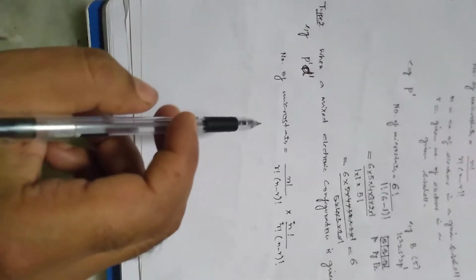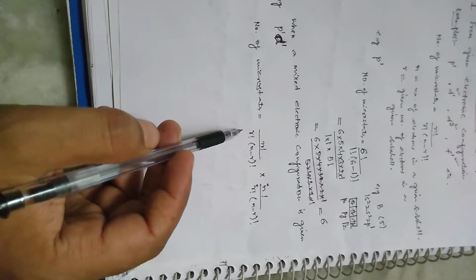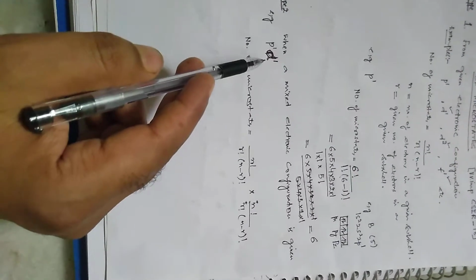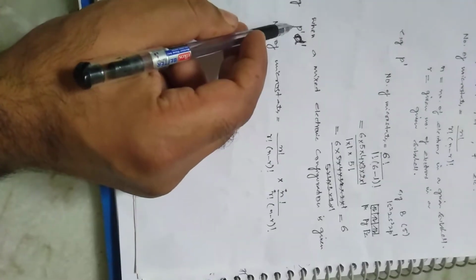Now if we are given a mixed electronic configuration like p1d1, we have the formula: number of microstates is n factorial divided by r factorial into n minus r factorial. This is n dash for another electronic configuration, you can write this. You may also call it n1 for p.